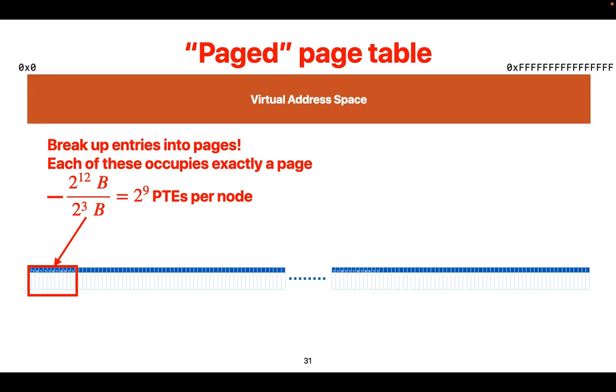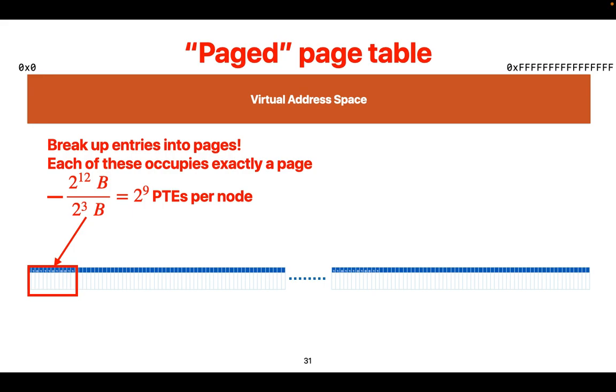However, if we want to use a page as a unit of storing page table translation entries, how many can we store consecutively in each page? The answer is that because your page size is 2 to the 12, and if you're addressing a 2 to the 64-bit address, you need 8 bytes to store an entry. So it turns out that you can store 2 to the 9, 512 page table entries in each page table node.